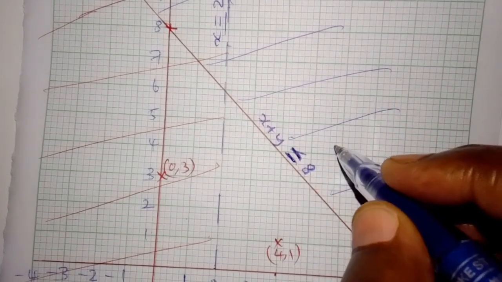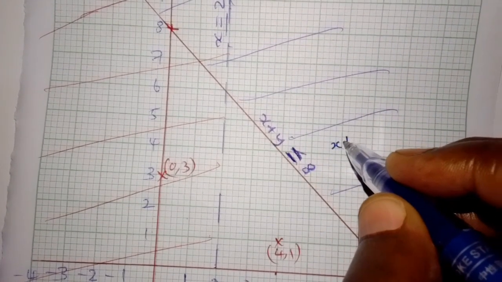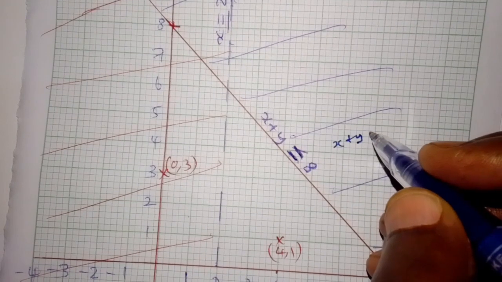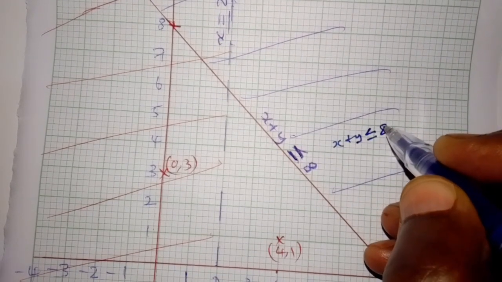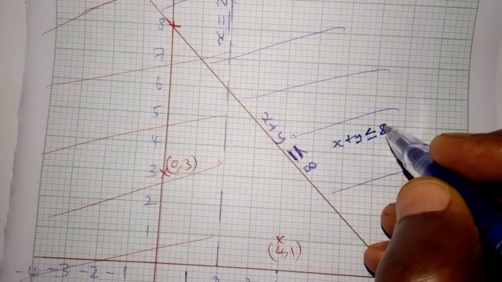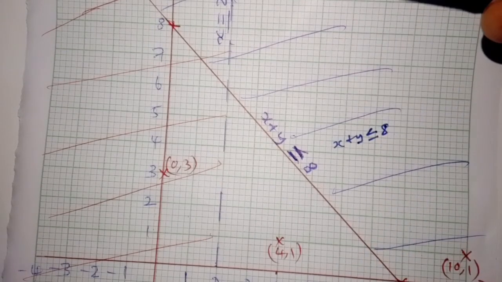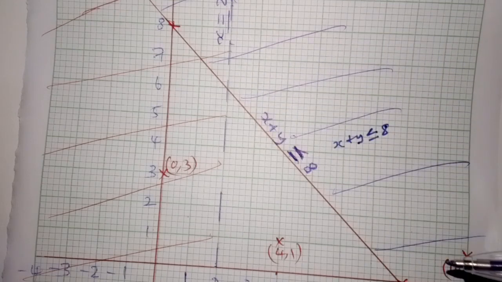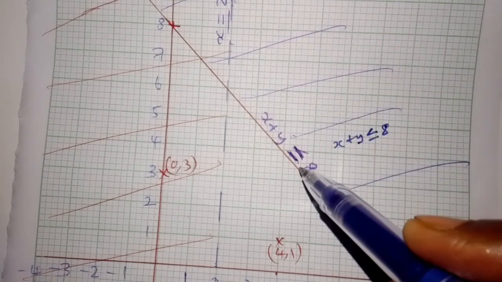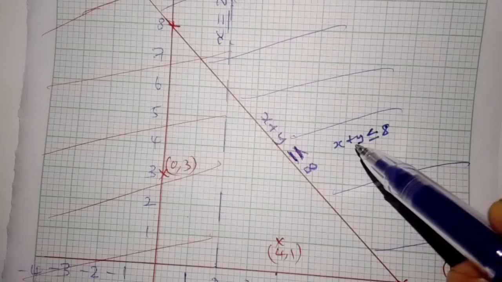This is x plus y less than or equal to 8. You can see that we have drawn a continuous line here because it is equal to 8 or less than 8.